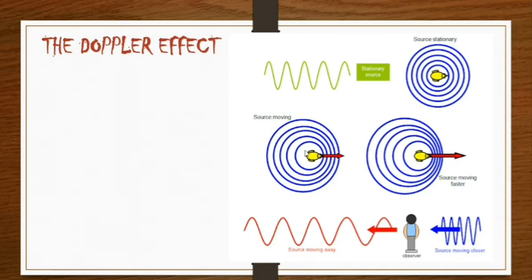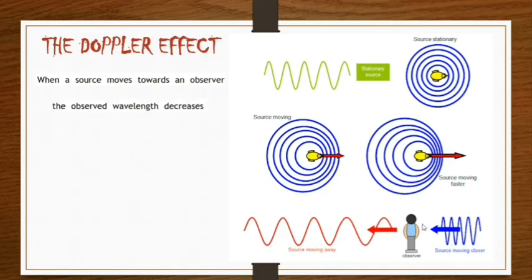And when the source is moving towards the observer, we can see that the wavelength is getting smaller. When it is moving faster, the wavelength will be even smaller. So when a source moves towards an observer, then the observed wavelength decreases. So that's when the frequency increases.